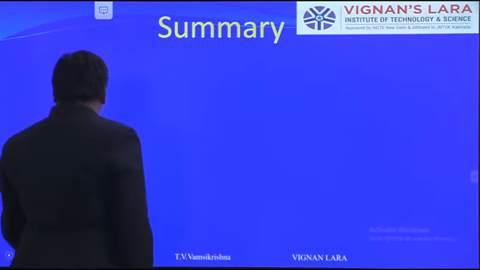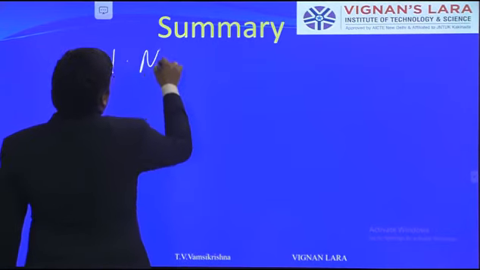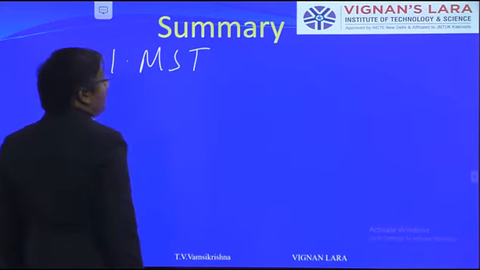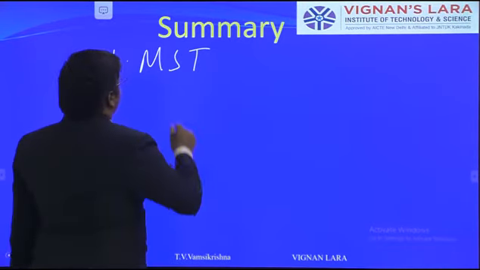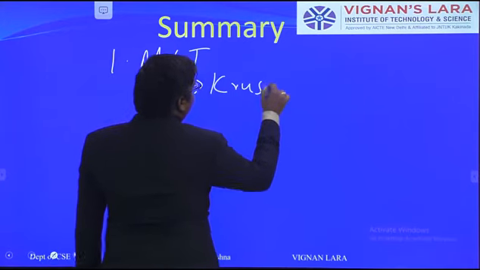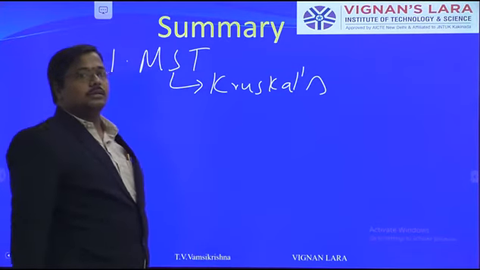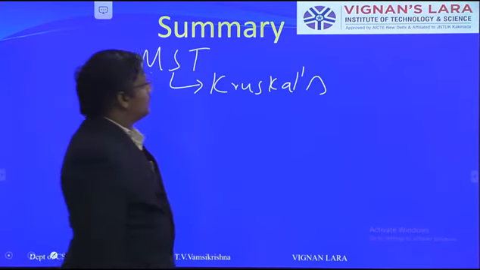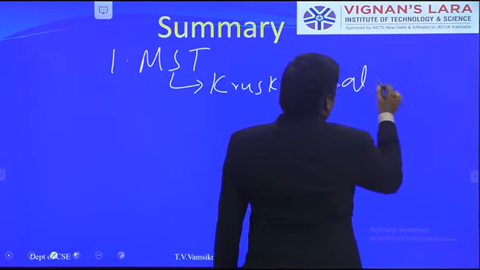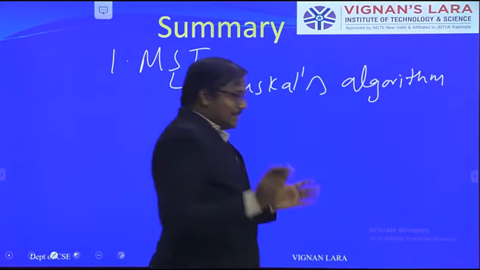So finally we are going to summarize. In this session we have discussed minimal spanning tree, and how to find the minimal spanning tree by using Kruskal's algorithm. Kruskal's algorithm initially forms the edge set.